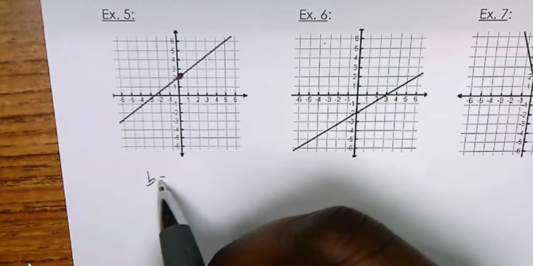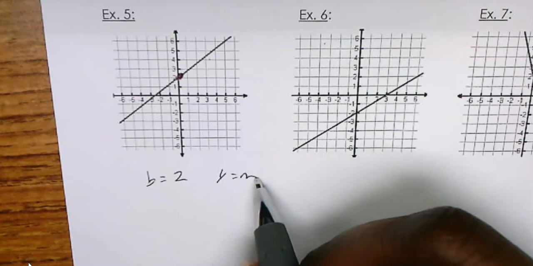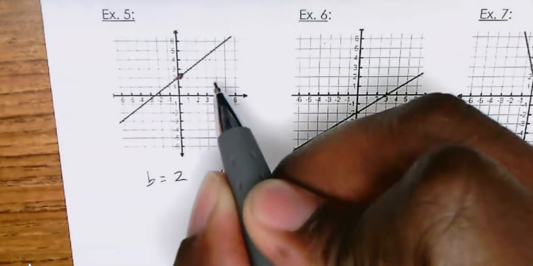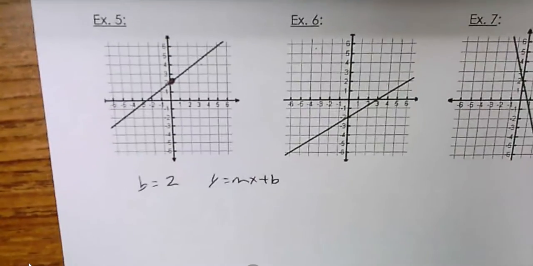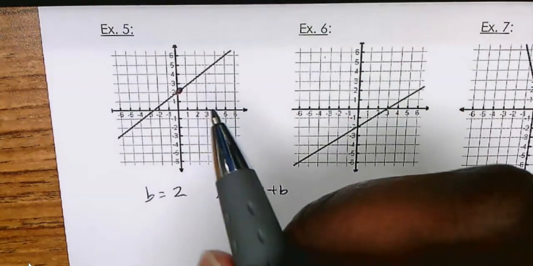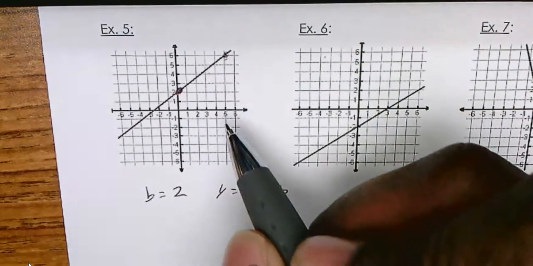So I know b equals 2. And the formula is y equals mx plus b. So I know b is 2. I need to choose another point on that line. So I look closely for another place that crosses at a corner. And it looks like the next place it crosses at a corner is up here.